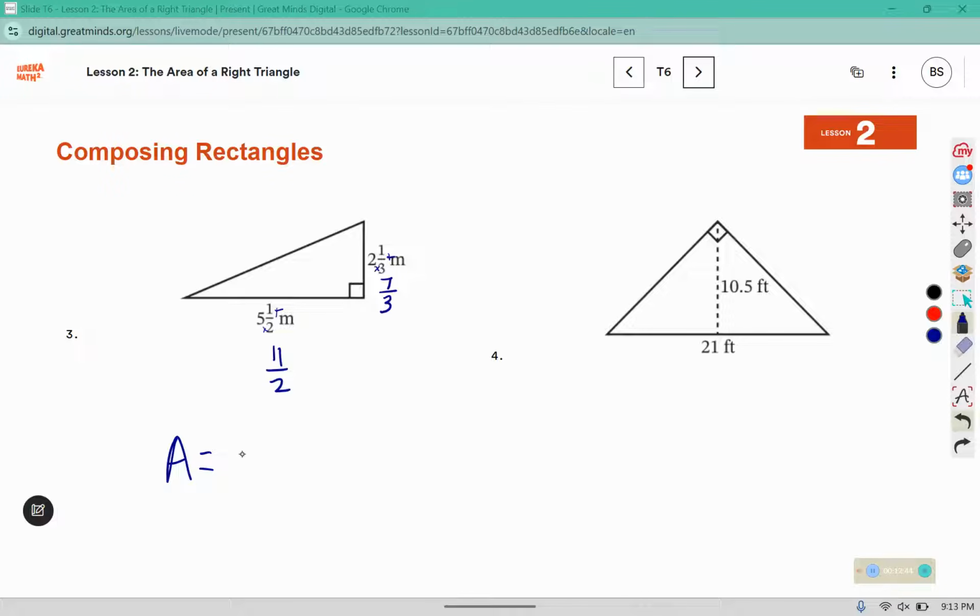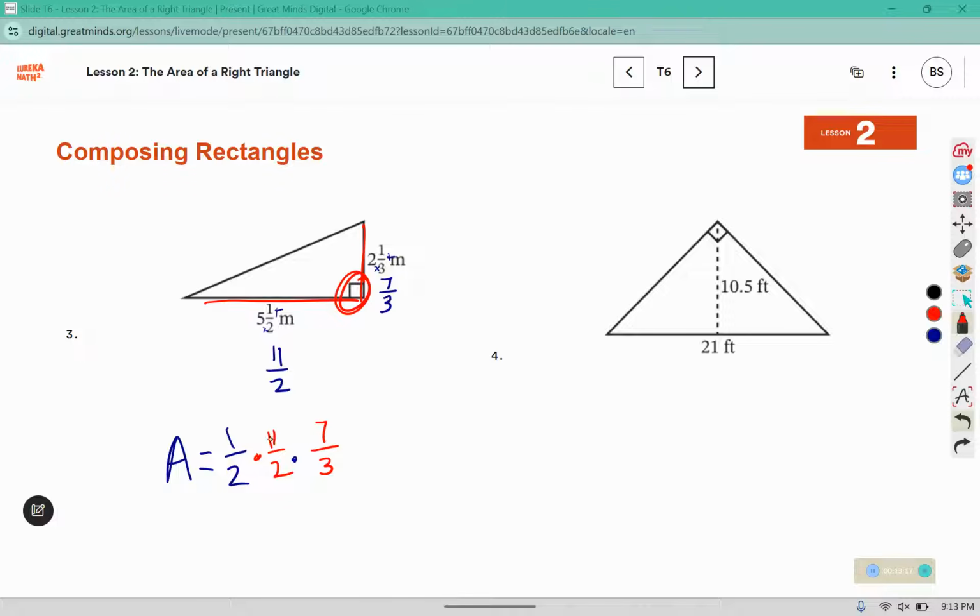This one, it might be best to use the other version of the formula, where instead of dividing by 2, we multiply by 1/2, since I already have 2 other fractions. So I'm going to replace the b for the base with 11 over 2. And I'm going to replace the h for height with 7 over 3, because those form a 90-degree angle.